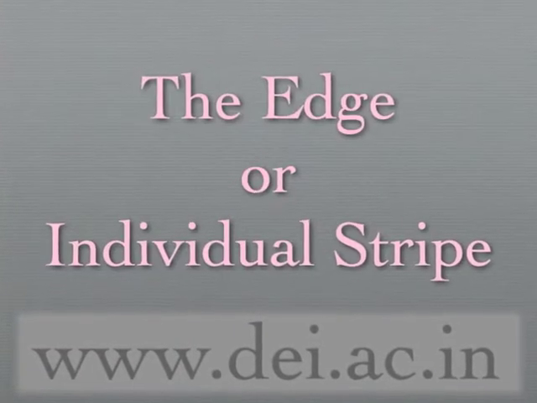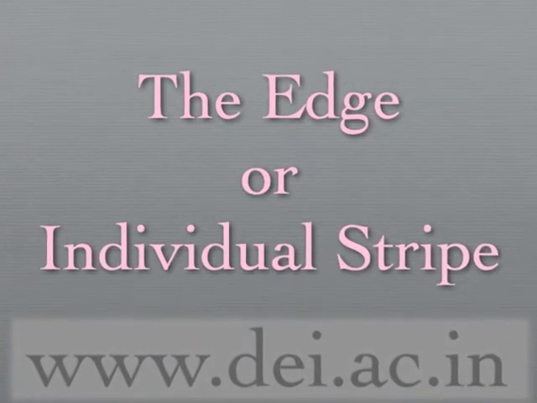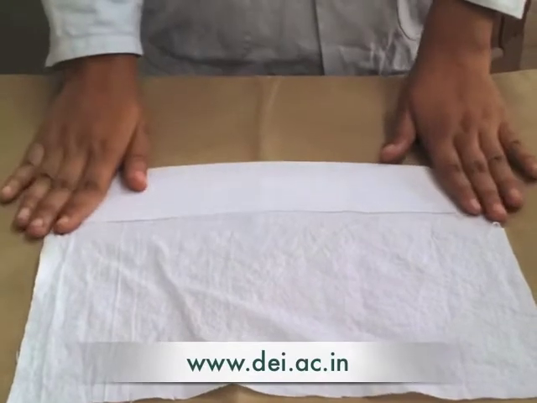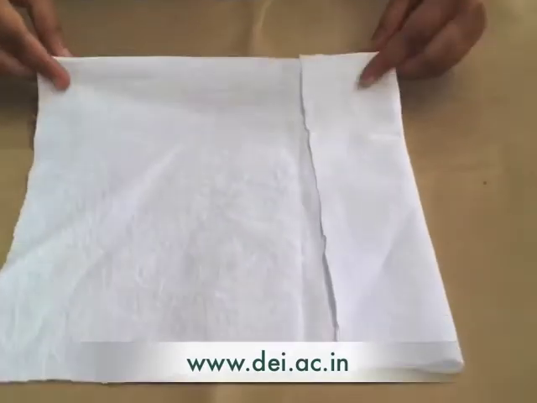The edge or individual stripe. This is a most useful method of obtaining a variety of background stripes.